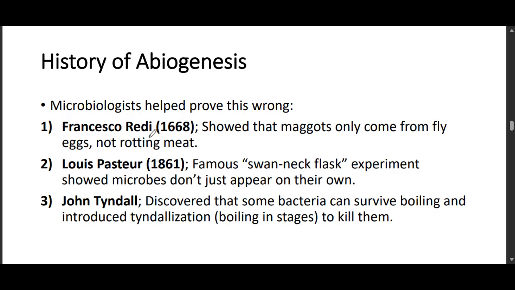Francesco Redi showed that maggots only came from fly eggs, not from rotting meat. He carried out an experiment to observe where maggots actually came from, and it was discovered that they come from fly eggs, not the rotting meat.